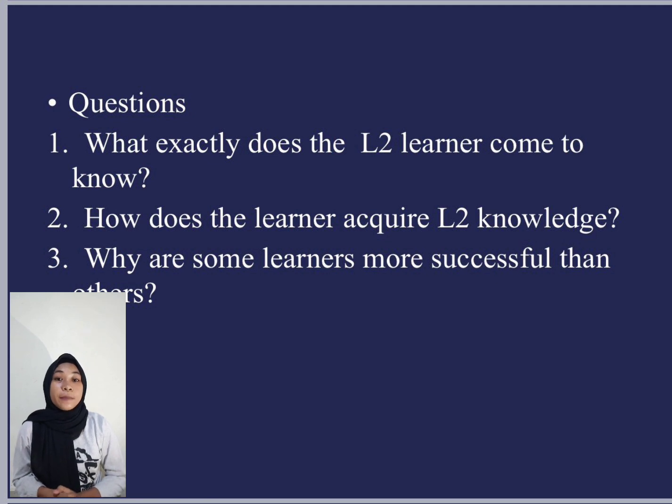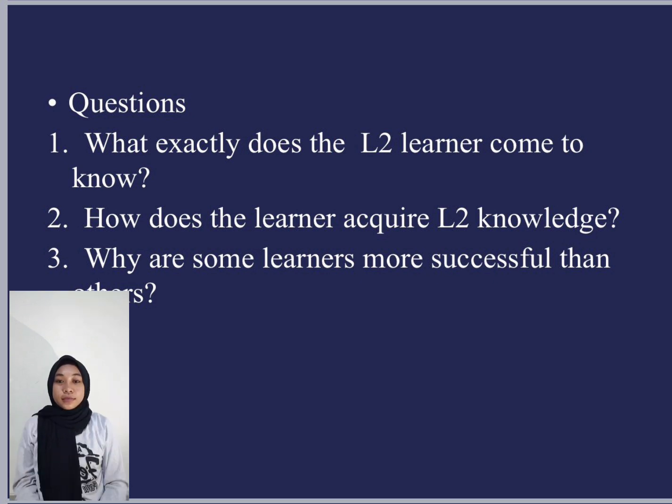There is also the application of prior knowledge. Second language learners are equipped with basic knowledge, including what they obtain from the first language. And processing of language input. Language input is the most important aspect in learning a second language.